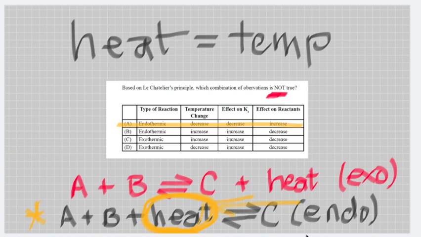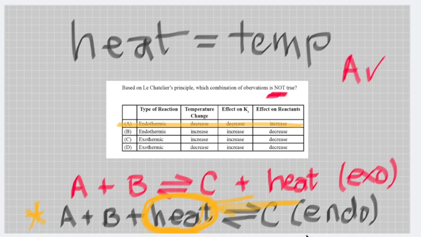So if we decrease this, the system will move towards filling it in or opposing what we have done. So we have decreased temperature or lessened heat. The system would be driven towards filling in. So therefore, reactants would increase as the reaction drives in this direction. So we can say that A is correct.